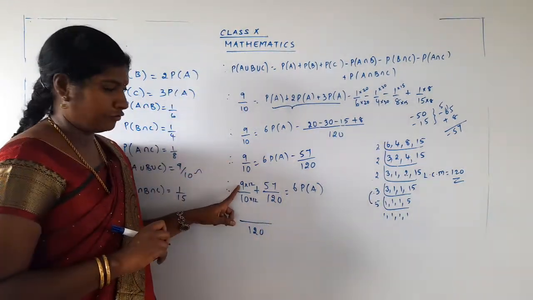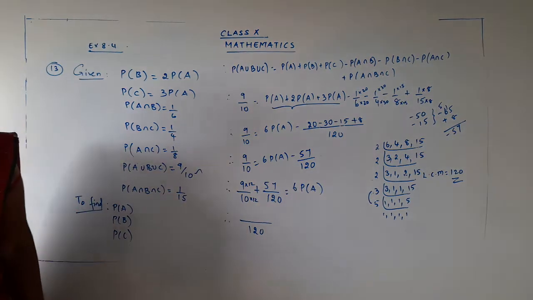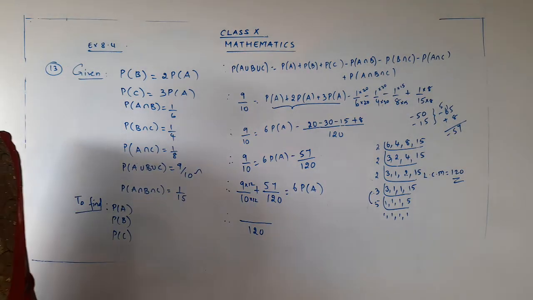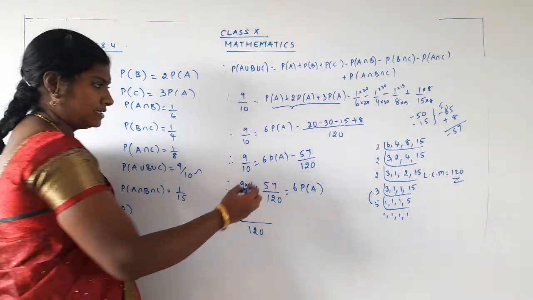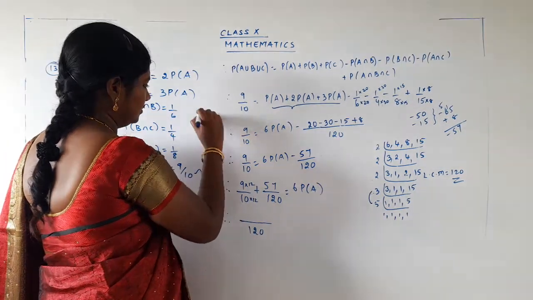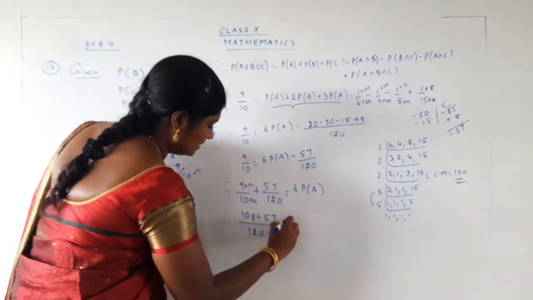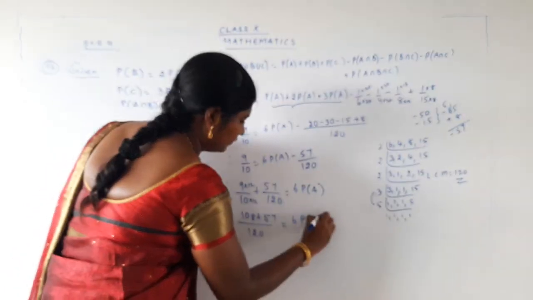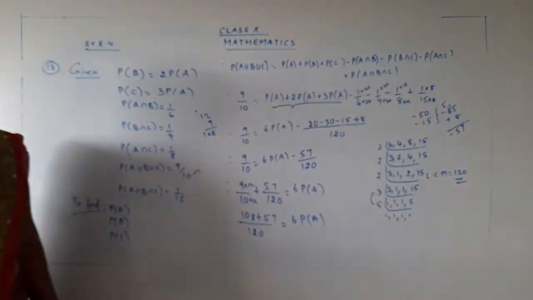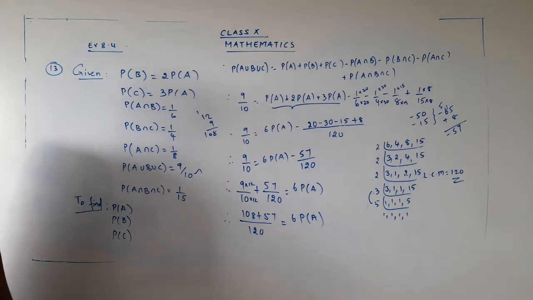I have to take the value for this. So what is 9 into 12? Multiply 9 into 12, we get 108. Okay, so this is 108 plus 57 is equal to 6 times probability of A. The sum is a little lengthier but easy sum. So I'll just go with the steps properly.